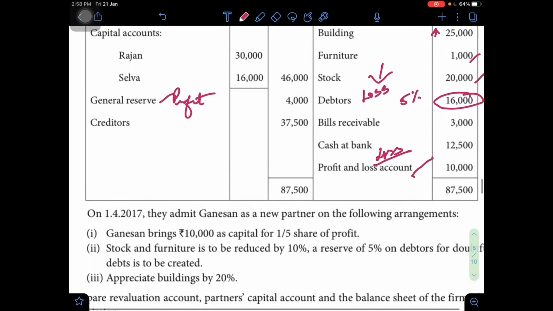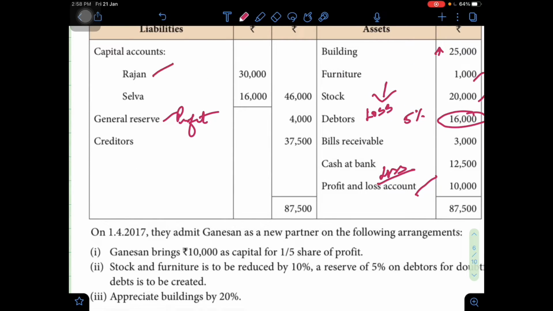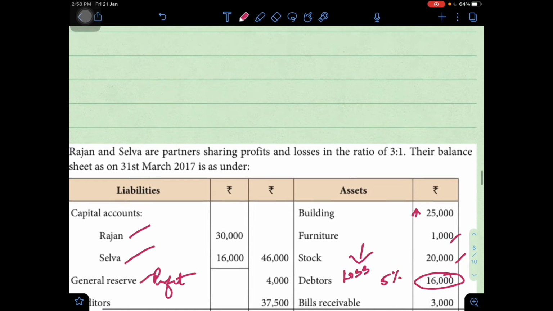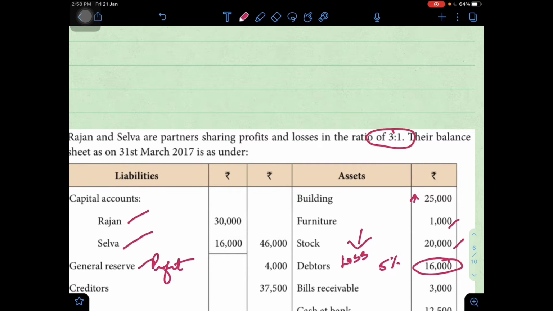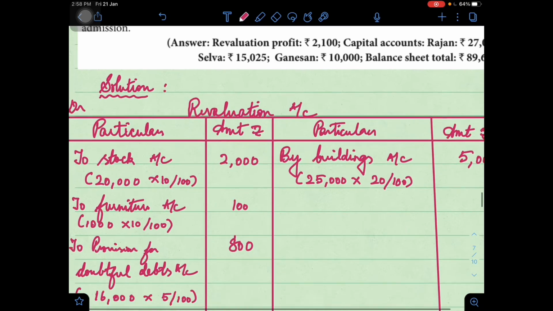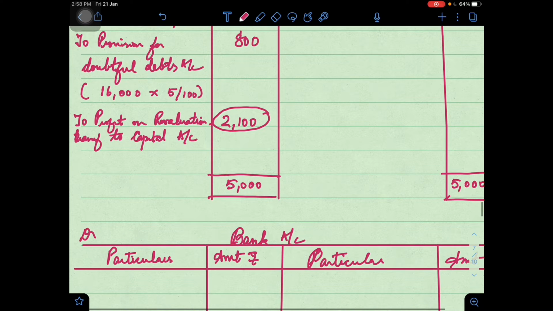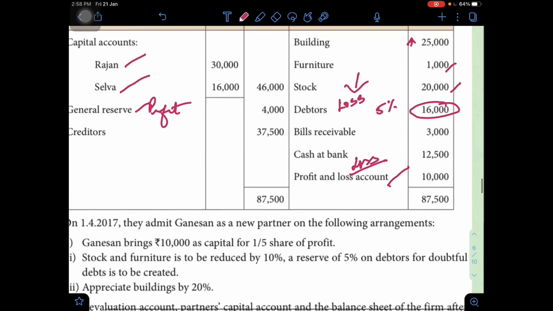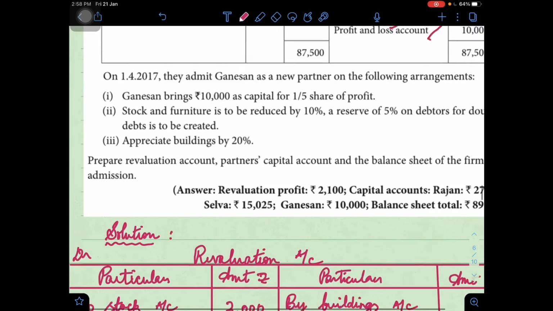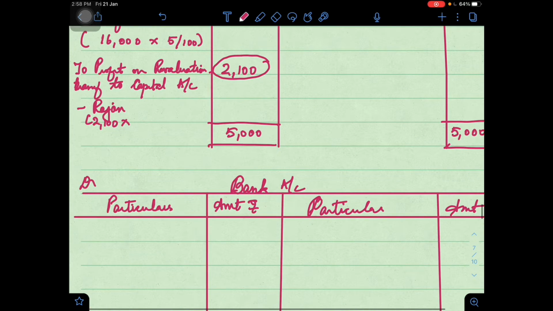Now who are the old partners? The old partners are, as the problem says, Rajan and Selva, and their ratio is 3:1. In this ratio only we are going to divide now. Rajan's share of 2,100 is 3 by 4.